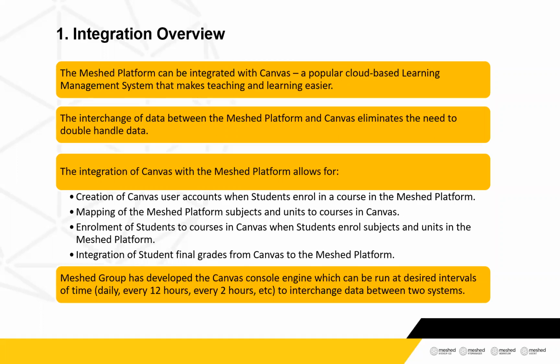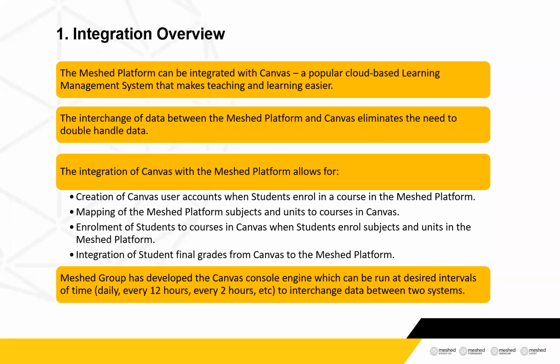First, it allows you to create a Canvas account for students from the Mesh platform itself. Second, it allows you to map your Mesh subjects to Canvas courses. Third, whatever enrollments you create on the Mesh platform will automatically sync to the Canvas platform, so you don't have to recreate them at Canvas.